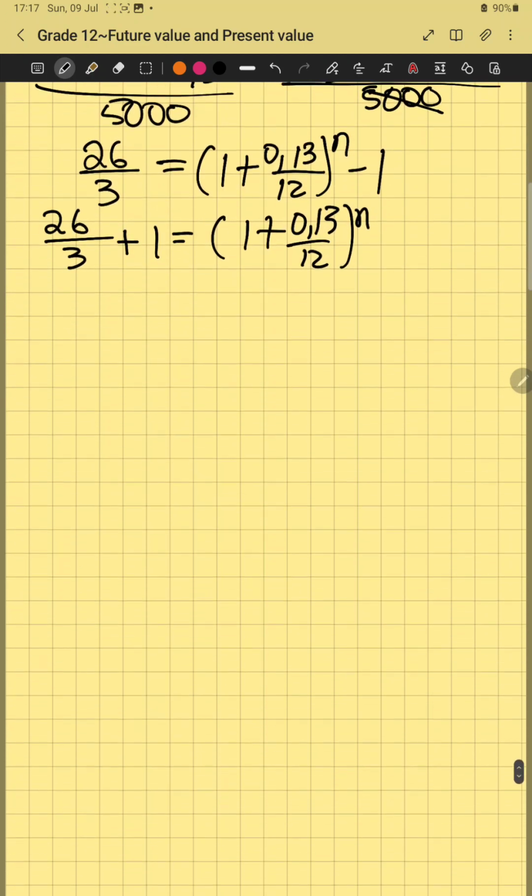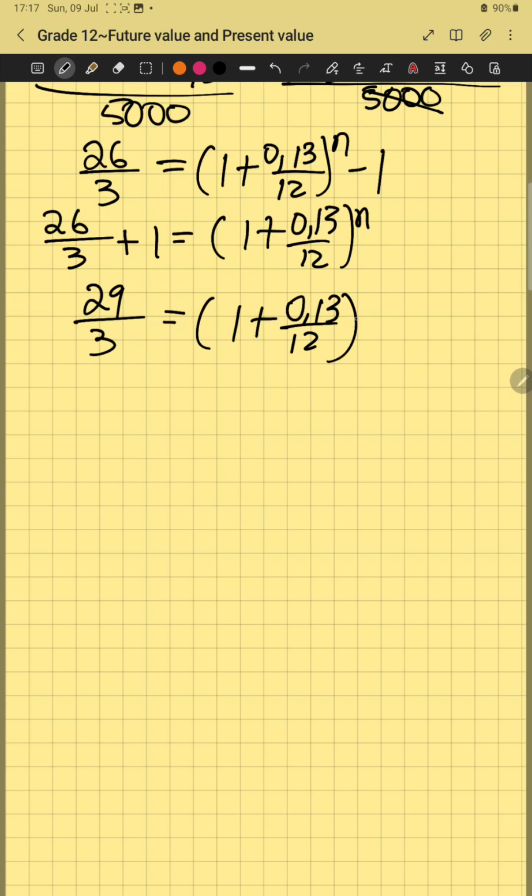Then 26/3 plus 1 is going to give us 29/3. So you can just press this out on your calculator.